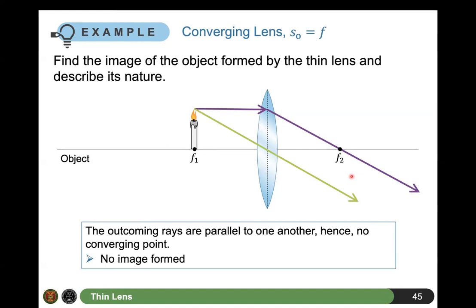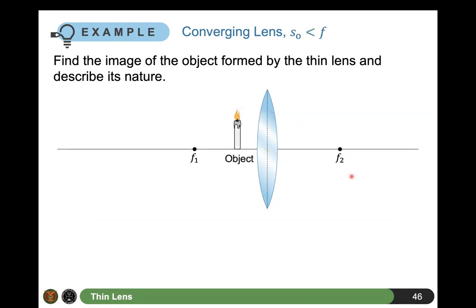Meaning, no image is formed. If the object is situated less than the focal length, the image is formed virtually. Again, we expect the object on the outgoing side, but the rays intersect here, which is on the incoming side.